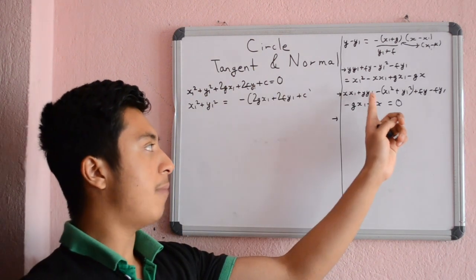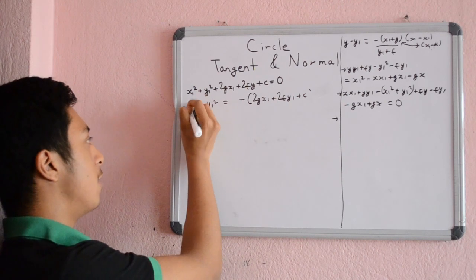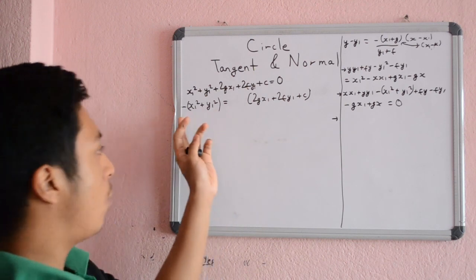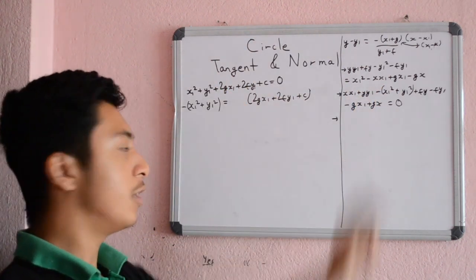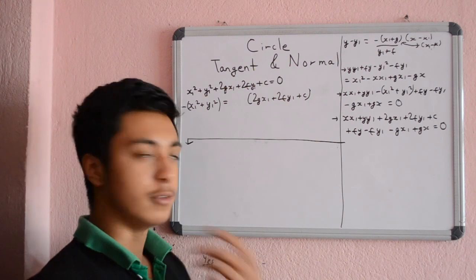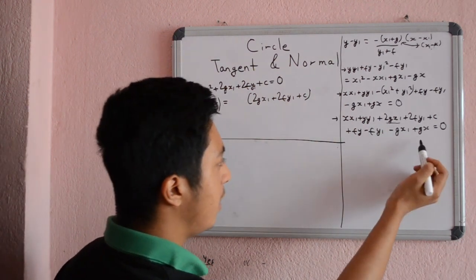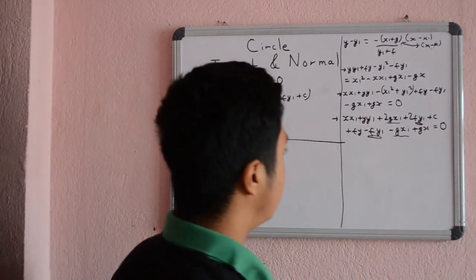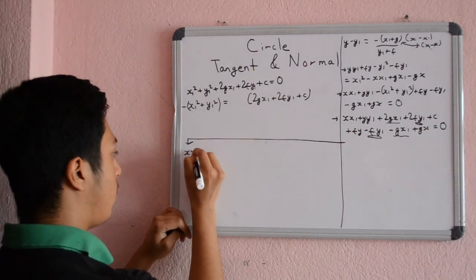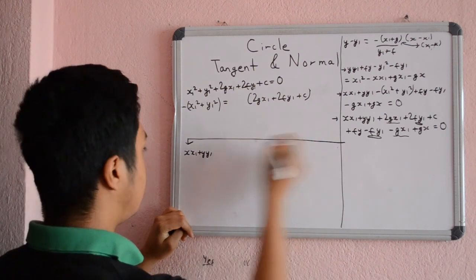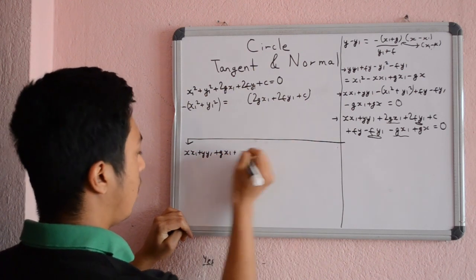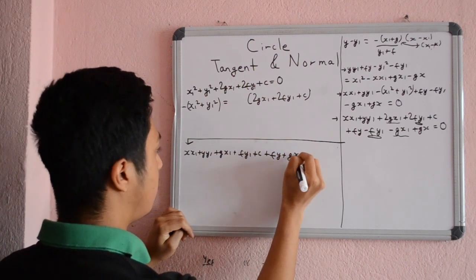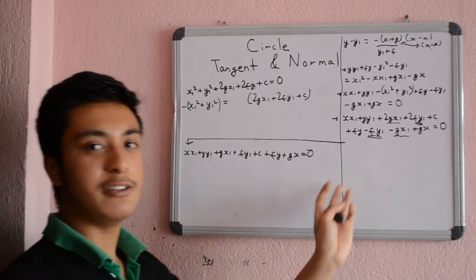But as you can see, we have a minus over here, so just take the negative on both sides and this will actually cancel. So we know what this is, so substitute that over here, and as you can see, we can simplify a few things. So we have the gx1 and the gx1 and the fy1 and the fy1. So we'll have xx1 plus yy1, this is plus gx1 plus fy1 plus c plus fy plus gx is equal to 0. And this is actually the final equation.